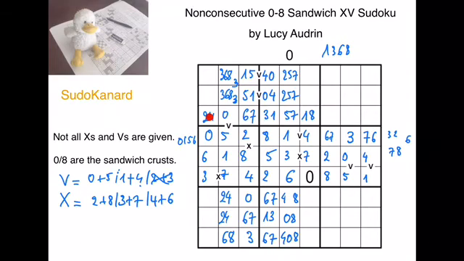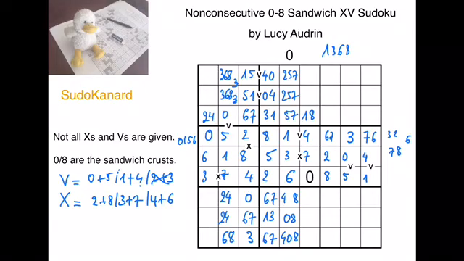2 and 4. There's one of them here. Oh. Am I missing something with this? There's still a lot to do. I need a second 2 or 4.